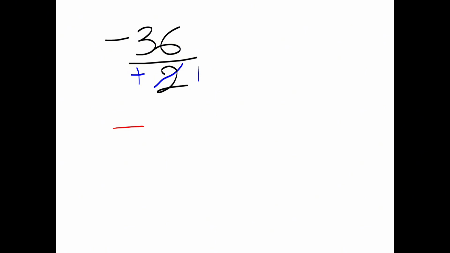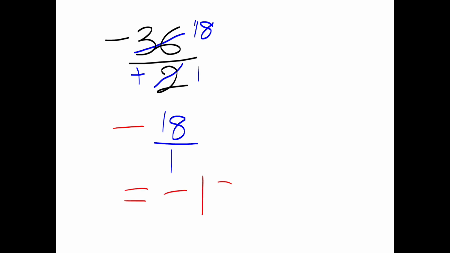And 2 will go in 36 how many times? 18 times, right? Very good. So our final answer is minus 18/1. And 18/1 is simply saying 18. So our final answer is minus 18. Do you understand? Are you sure? Very good.